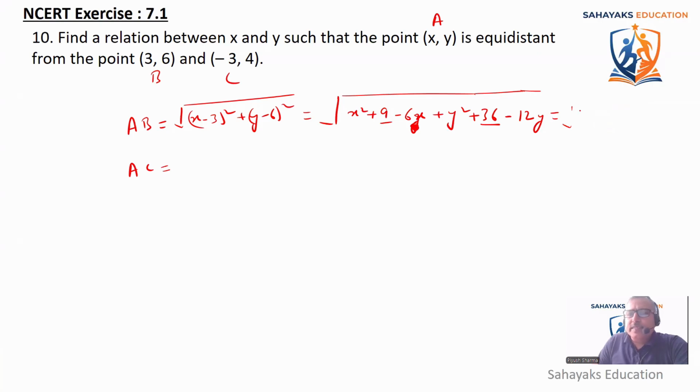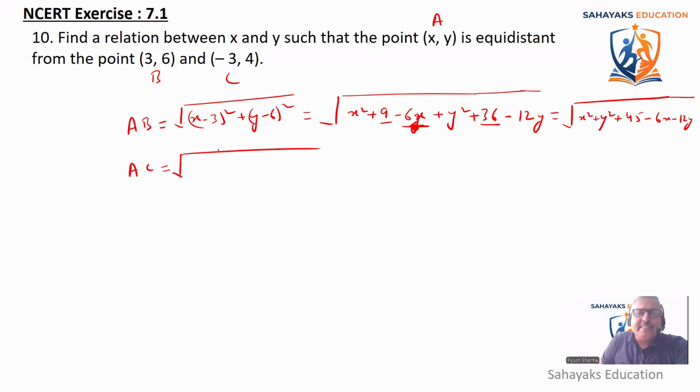Okay, so this, I'll just make it small. It becomes x square plus y square minus 6x minus 12y plus 45.